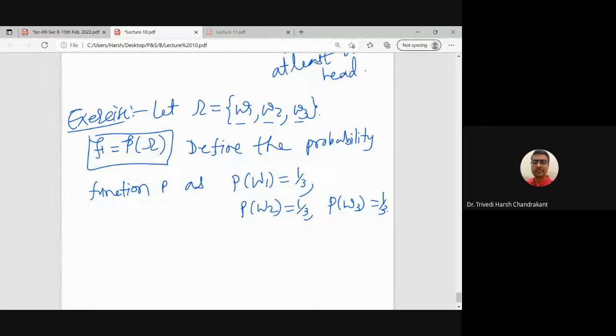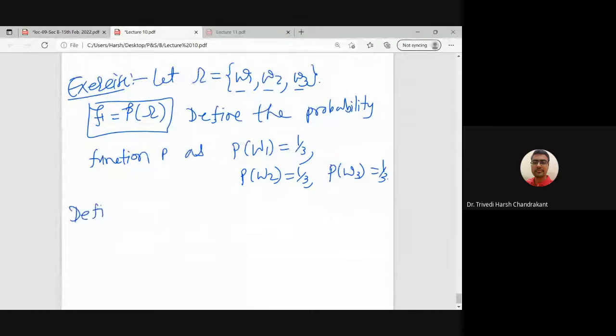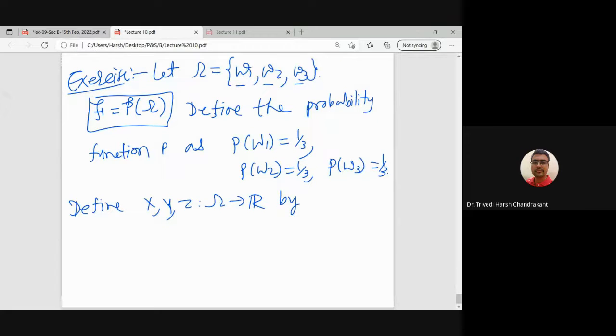So now define three random variables. Define X, Y, and Z, three random variables which are functions from omega to R. So we need to define them on these three elements. So let us define X(w1) to be 1, X(w2) to be 2, X(w3) to be 3. So this is the first random variable.